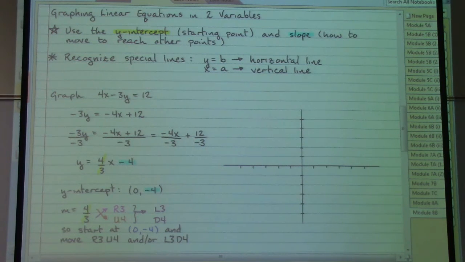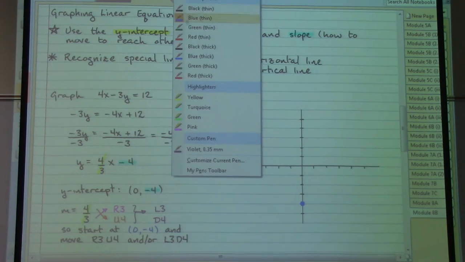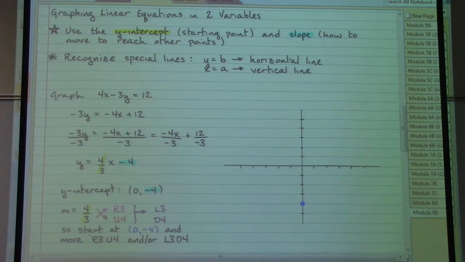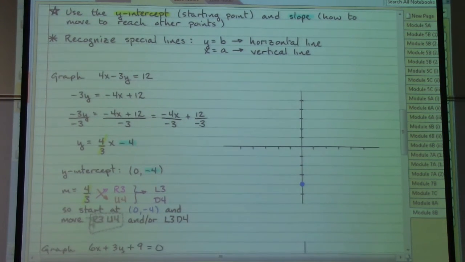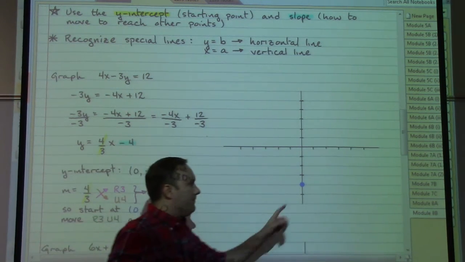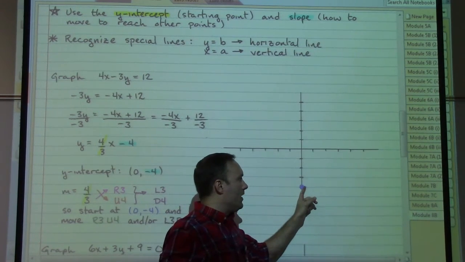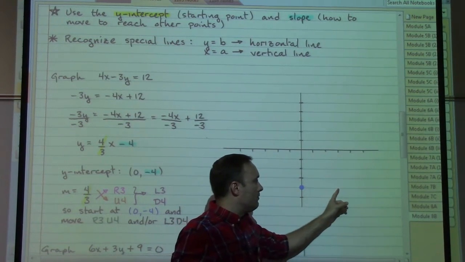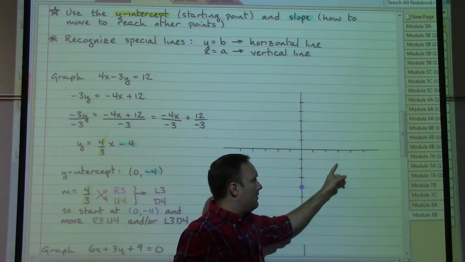That means that from that central location, we do not move to the left or right. We do, however, move down 4 spots. Then we would want to move possibly to the right 3, up 4. So let's see if we can actually accomplish that. If we go from the blue point right 3 and up 4.